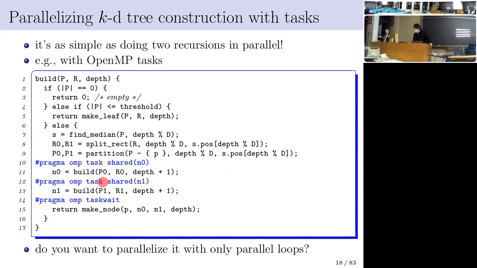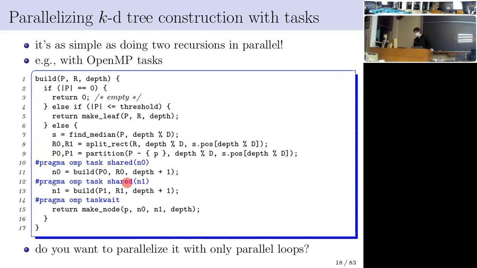One detail that I haven't mentioned is this shared n0. The shared n0 means that this variable n0 is shared between the created task and the parent. So if the created task assigns to this variable n0, then it becomes visible to the parent too, because of this shared n0 clause.